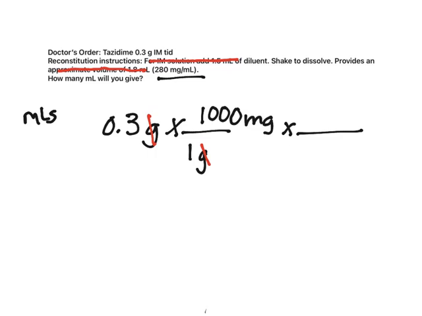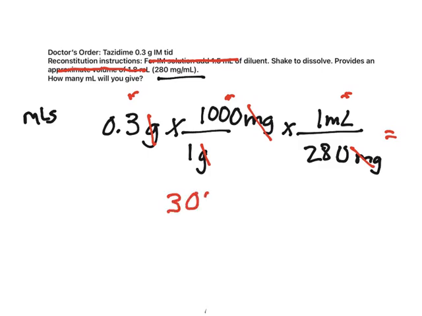So we go back to our problem and see, do we have a milligram? Yes, we do. We have 280 milligrams per 1 mL. So our milligrams cancel out. And then all we need to do now is multiply straight across. We're going to take 0.3 times 1,000 times 1, and that is going to give us 300.